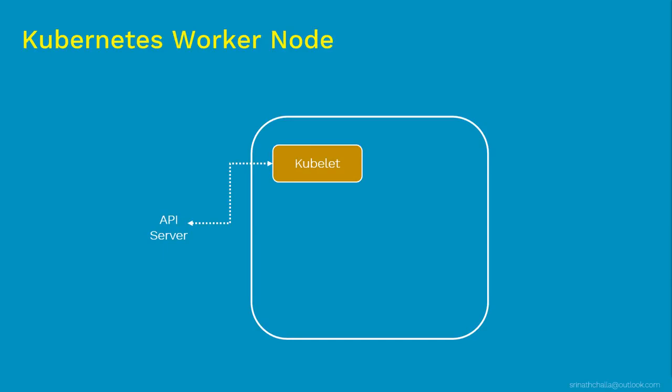The kubelet is a primary node agent that runs on each worker node inside the cluster. The primary objective of the kubelet is that it looks at the pod spec that was submitted to the API server on the Kubernetes master and ensures that containers described in that pod spec are running and healthy.